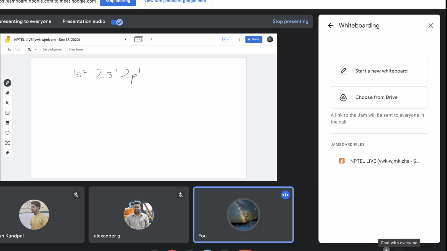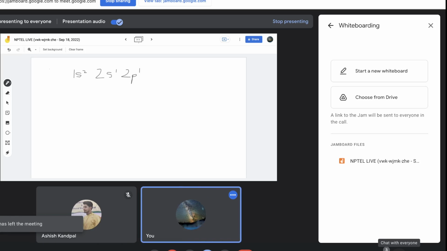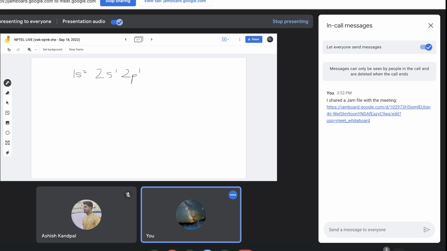So I will just give you 1 minute to find the term symbol. So Ashish, you are solving it? Yes, ma'am.